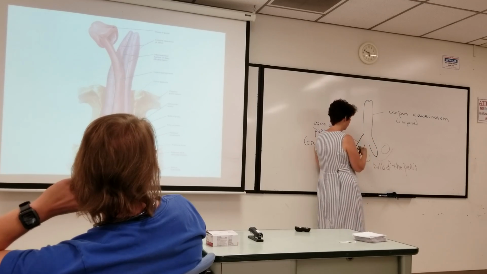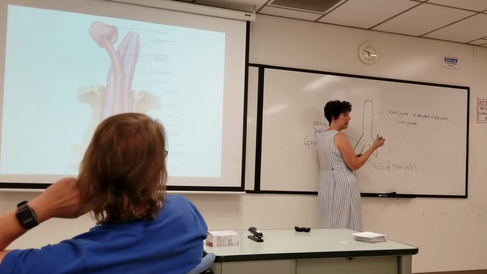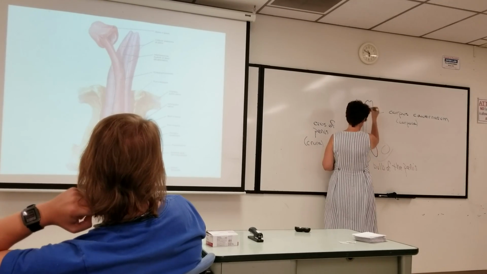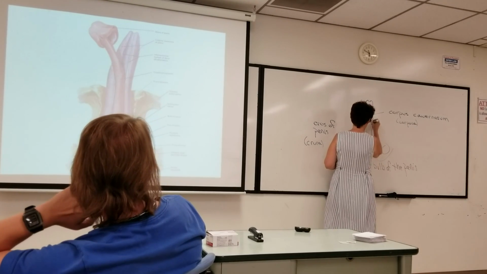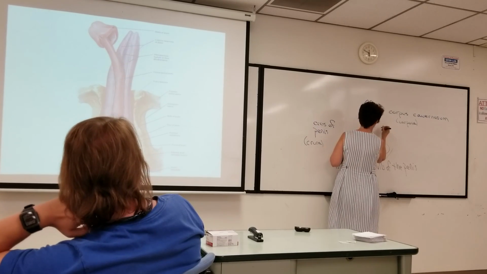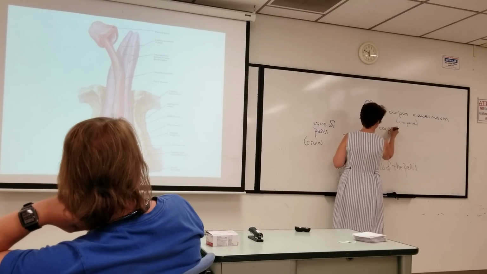And developing from the bulb of the penis, we have the corpus spongiosum. It's going to be on the ventral surface of the penis. There's only one.